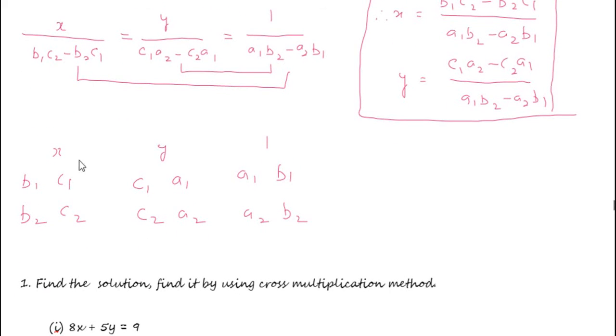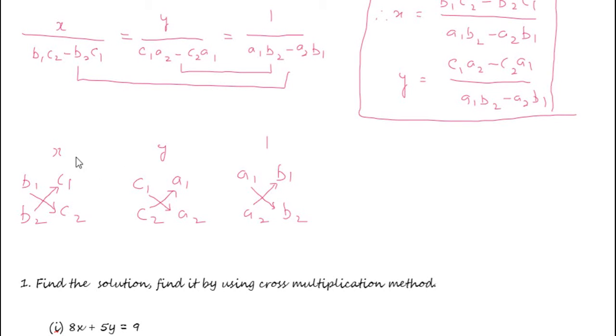Now you have the cross multiplication signs. So this points to this, c1 points to a2, c2 points to a1, a1 points to b2, a2 points to b1.